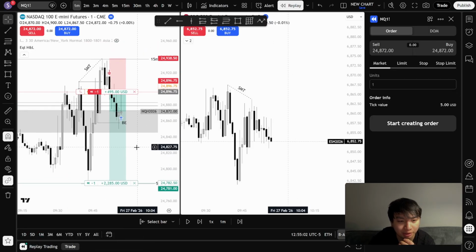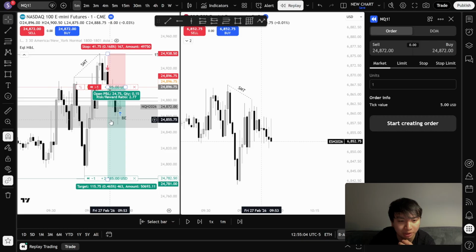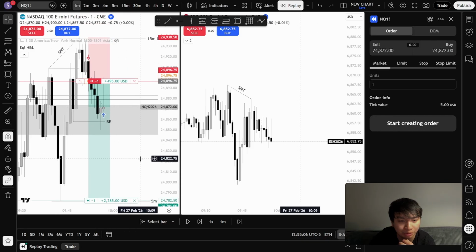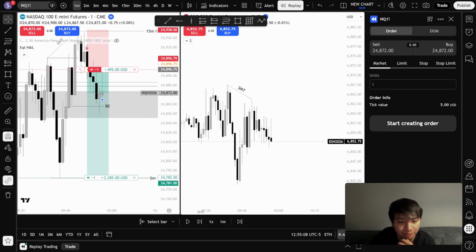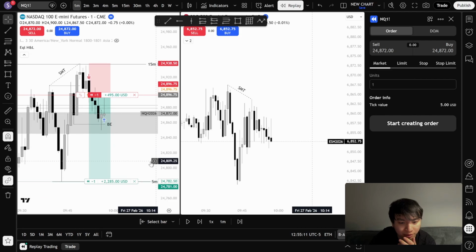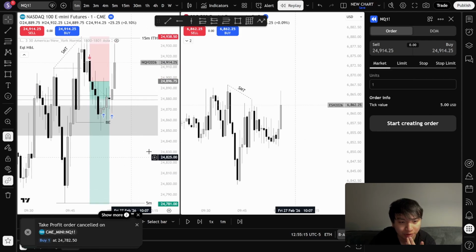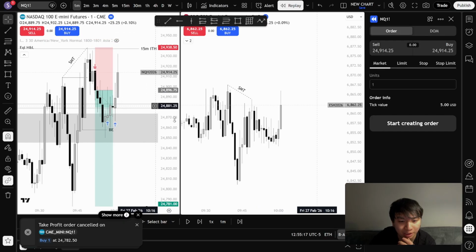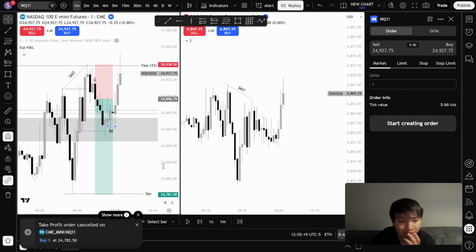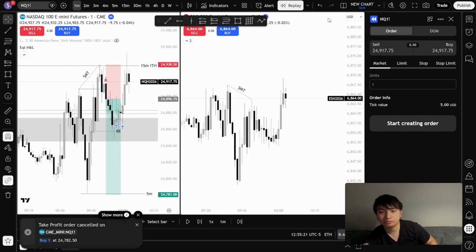Because simply put, I could see price going lower, but making sure it's at a good 1-on-1, that's good enough for me, right? And from there, I want to see if price will trade lower. And nope, we are getting stopped at break even. And that ended up actually saving us. And so this was a break even trade.